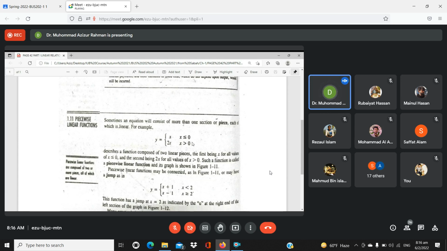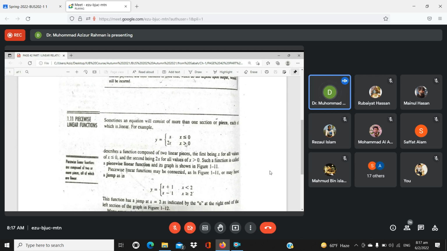And if the value of x is greater than 0, then the equation is y equals 2x. So these two sections we can combine as one equation: y equals x for this condition, y equals 2x for this condition. In this case, this one is termed a piecewise function.